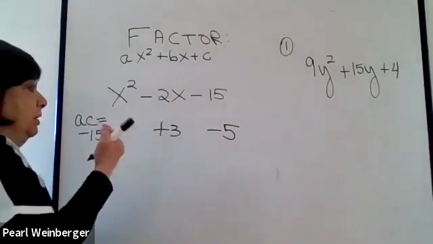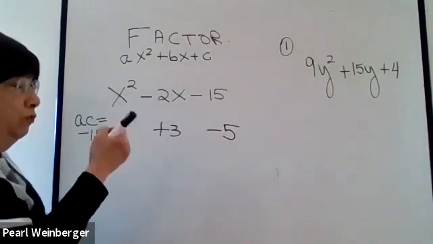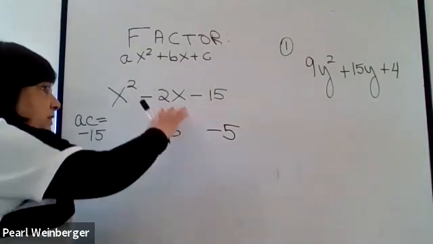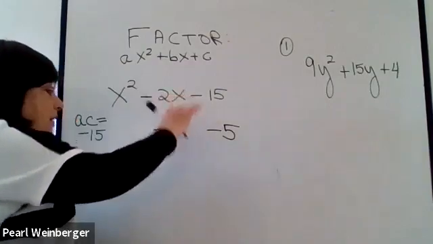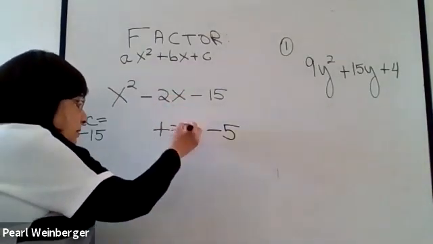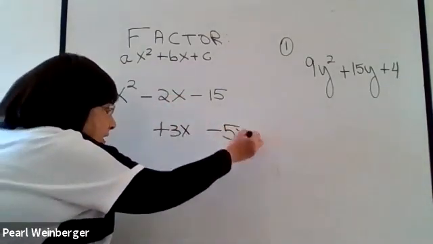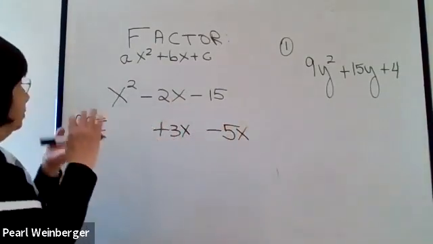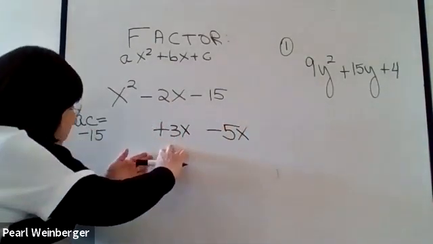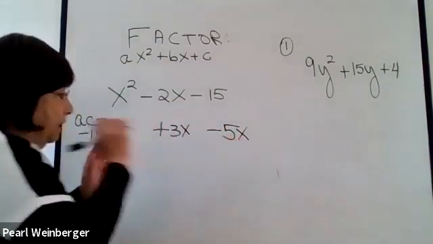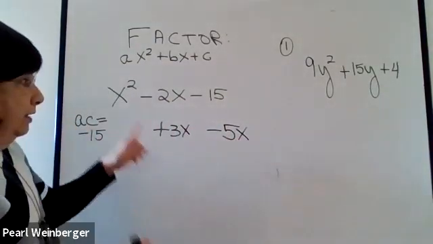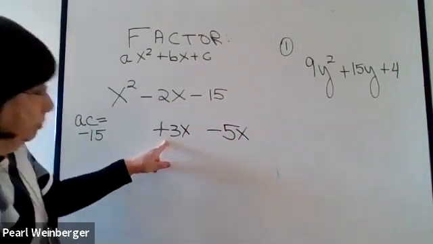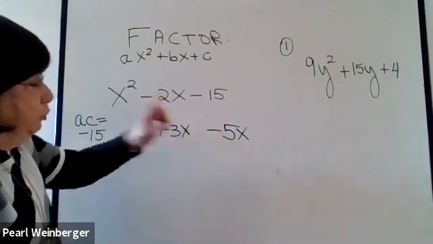Okay, so now we're going to do exactly what we did before. We split this -2x into 2 terms, a +3x and a -5x. And again, just like before, you could have put the -5 first and the +3 second. What you can't do is call this a -3x and this a +2x.